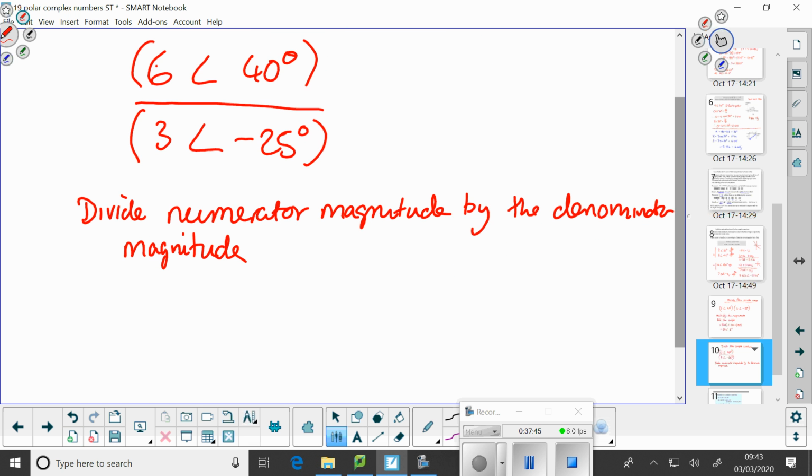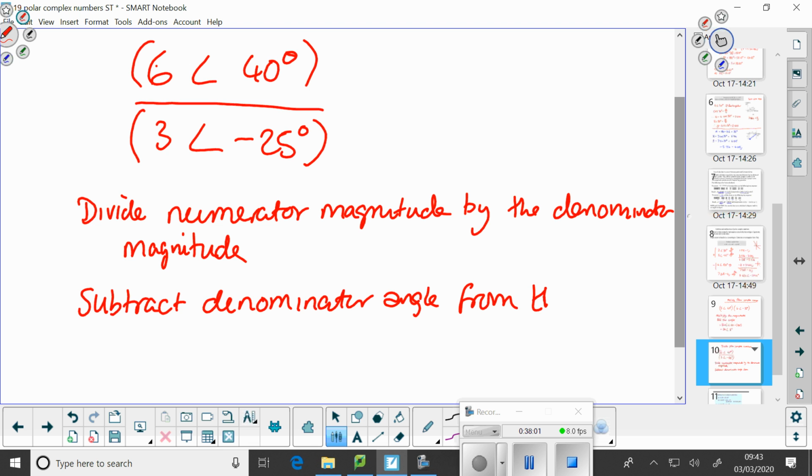And we subtract the denominator angle from the numerator angle. Notice that with division, the order is important.